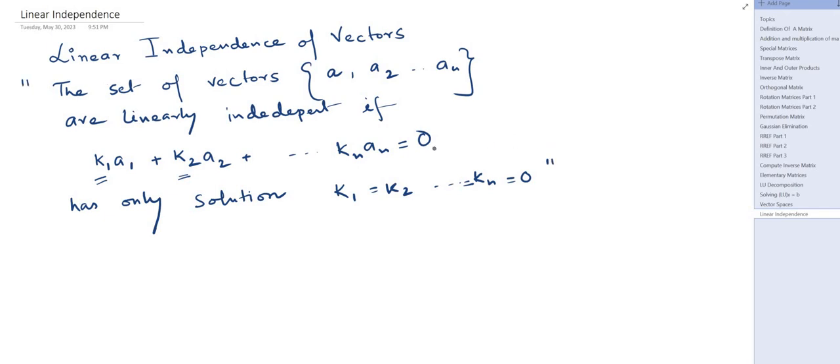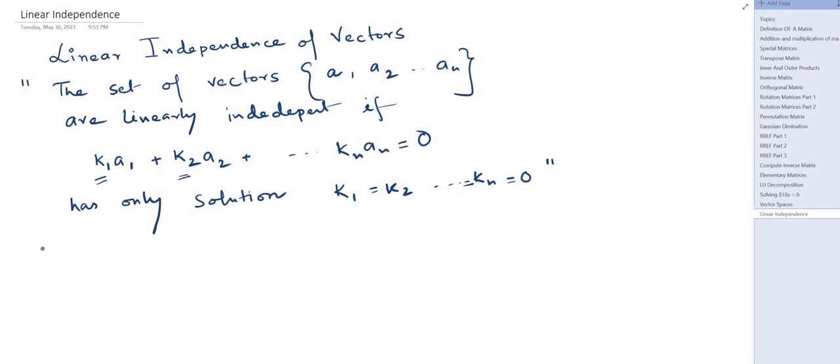So it is a very important concept: if the set of vectors are available in a vector space, we can say that they are linearly independent if, when we multiply those vectors by scalar values and add them, and the sum is 0, the only solution is that these values are all equal to 0.